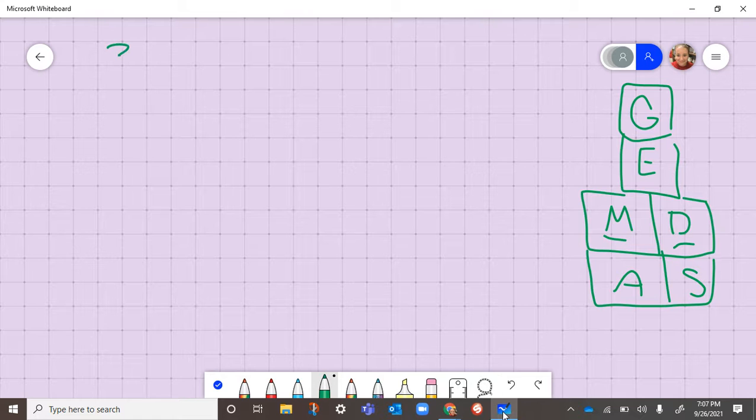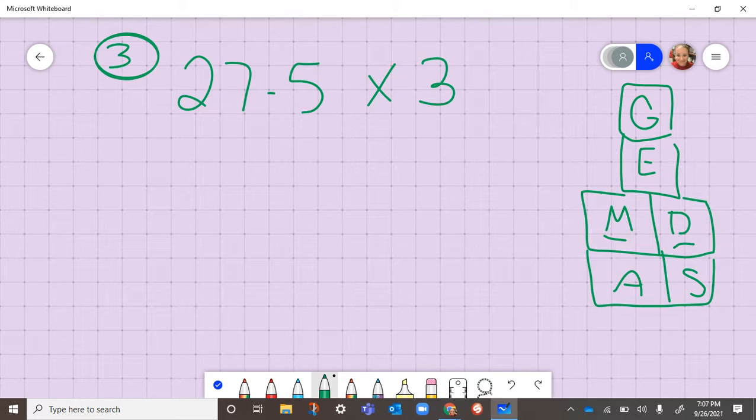Number 3 is 27 minus 5 times 3. I'm going to pay attention to those operations. I've got subtraction and multiplication. Subtraction is here and multiplication is on top, so I've got to do that multiplication first. 5 times 3 is 15.